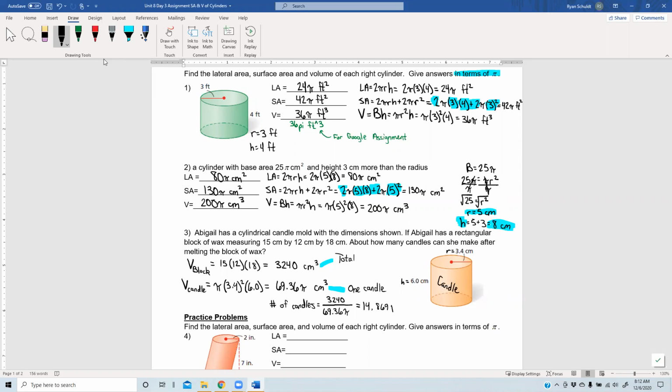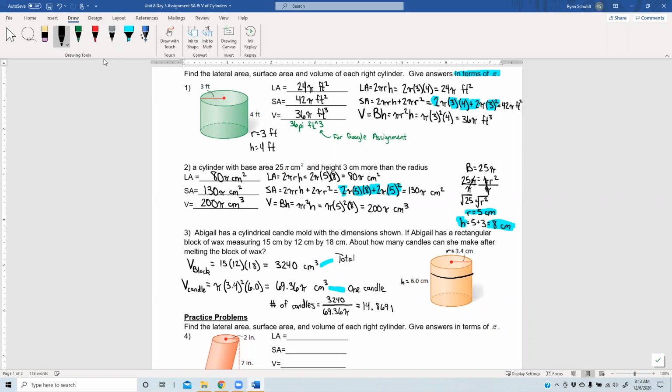So let me ask you this. Let's say you were at Walmart and you were looking at candles. Abigail's candles made it to Walmart. Would you be happy if your wax only went up to here, but all the others were full? Would you buy that candle that the wax only went up to this line that I put? No, no one would want the candle.